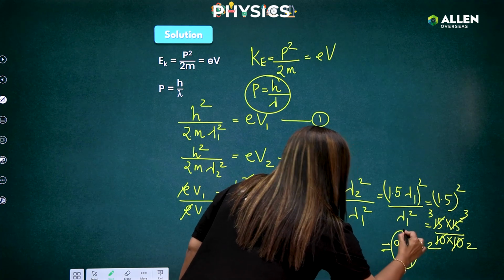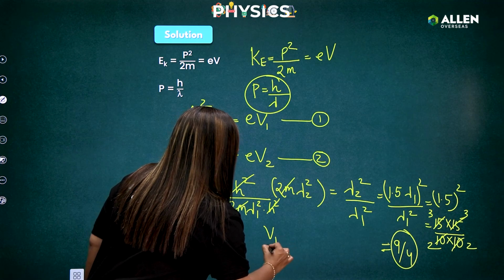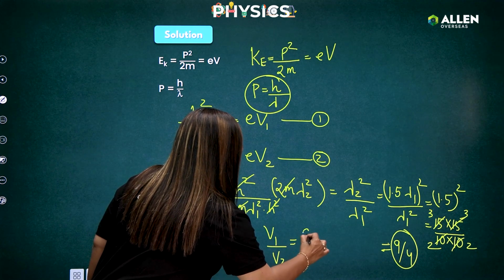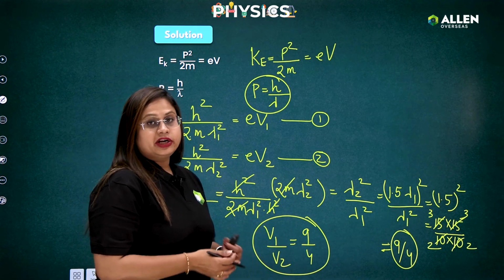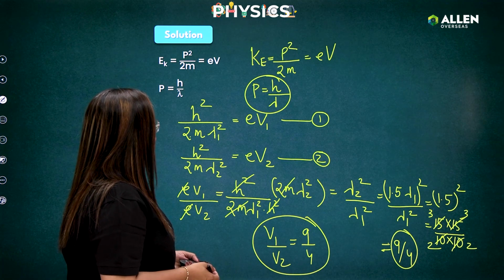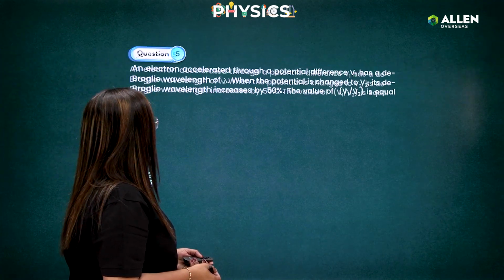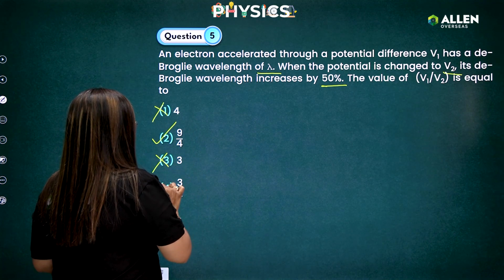So the answer is 9 by 4, and 9 by 4 is the ratio of the electric potential through which this electron has been accelerated so that the de Broglie wavelength has changed in such a manner. So let us check the options. The answer is option number 2, and the other options are incorrect.